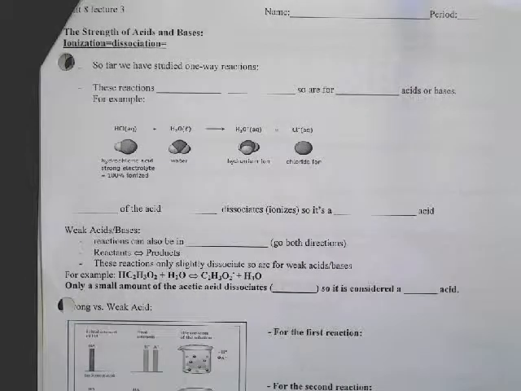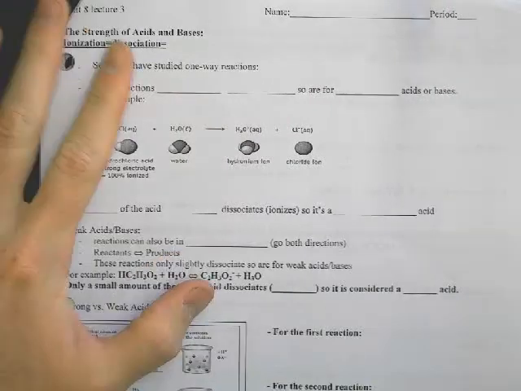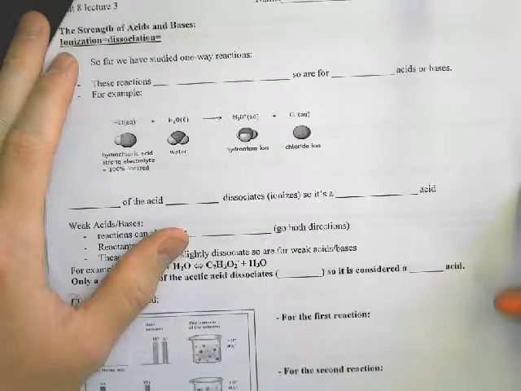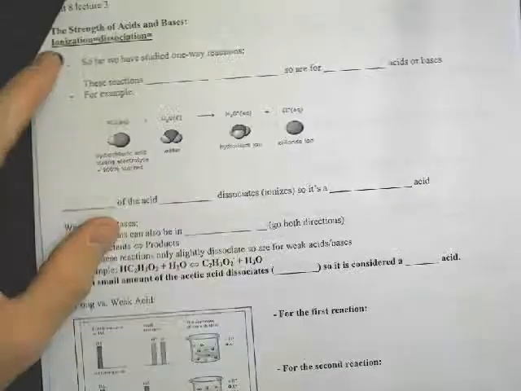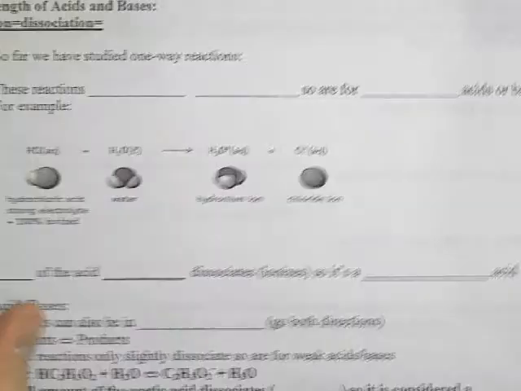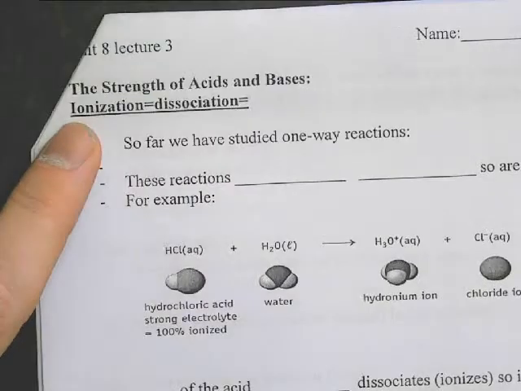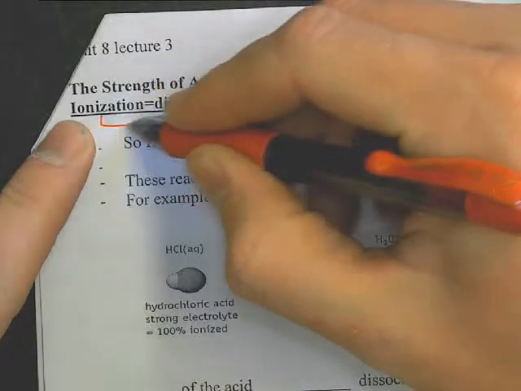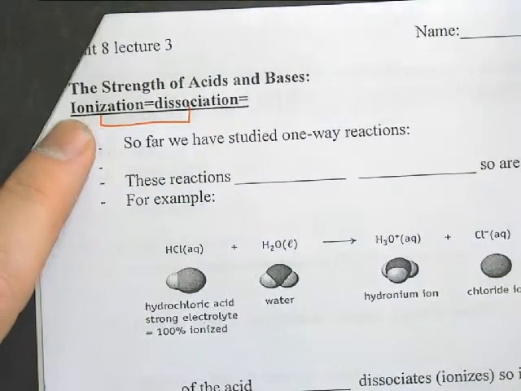Alright, so we've got Lecture 3, Unit 8, and we're going to look at the strength of acids and bases. One of the biggest things I want you to get out of this is the fact that ionization and dissociation, those two words, literally mean the exact same thing in chemistry.